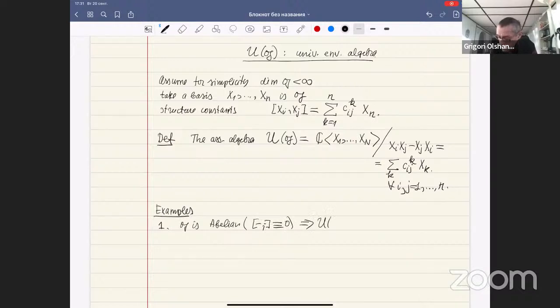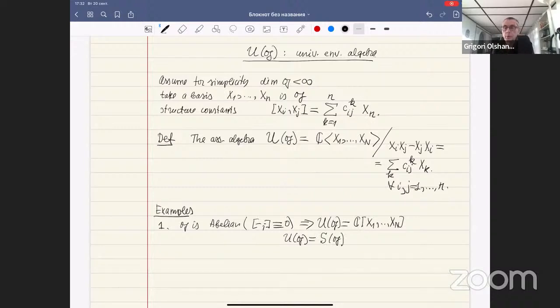This means that U of G is equal to the algebra of polynomials, or one also says that U of G is simply the symmetric algebra of our vector space.